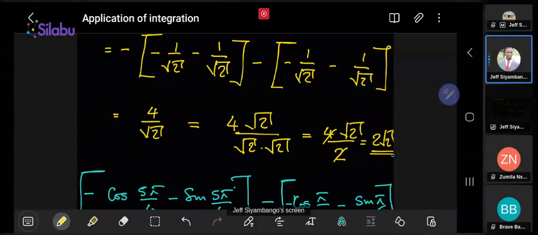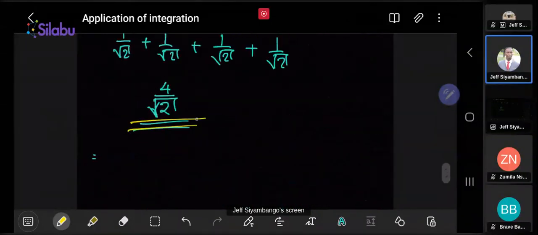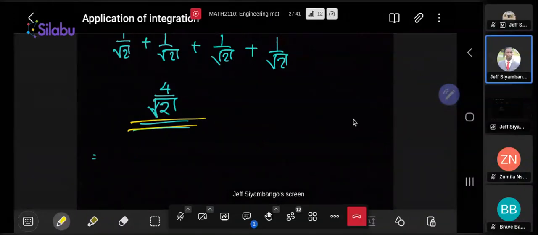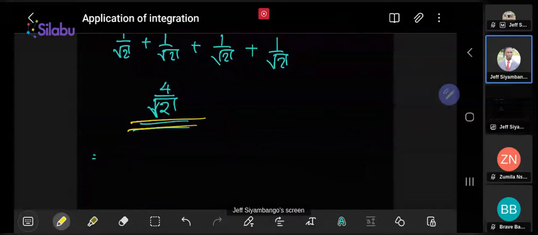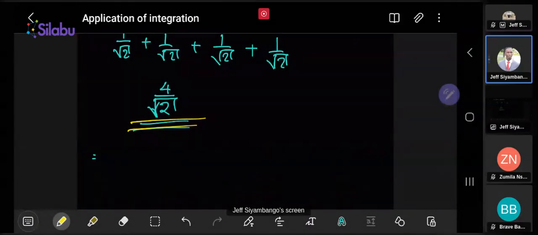That is if you wanted to rationalize the denominator. But still, this is fine. You can still present that as the final answer. Any questions there? Okay, so that is sorted out.